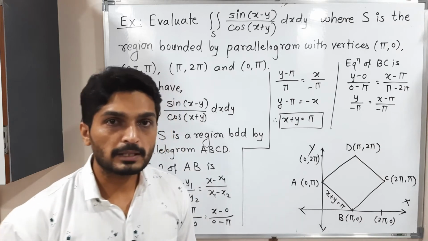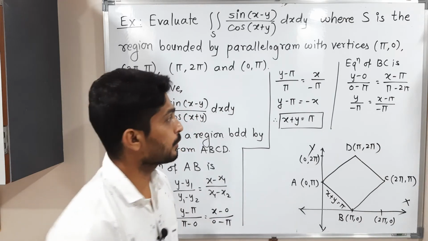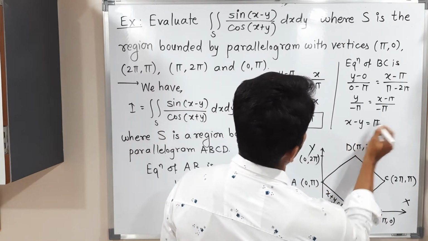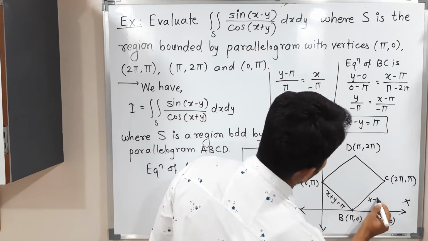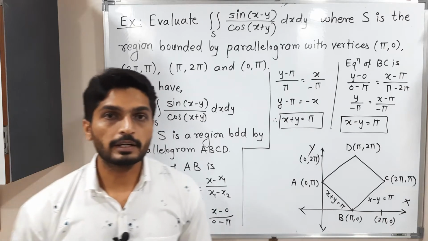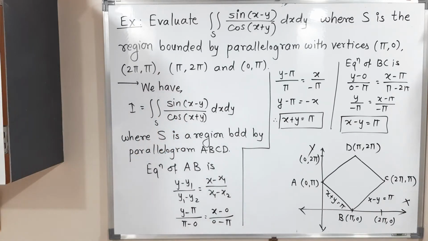Minus pi gets cancelled from both denominators, and if you solve, we have x minus y equals pi. So the equation of this one is x minus y equals pi. After that, we will find the equation of line segment CD, but there is no more space, so let me make a screenshot of it, then we will go further.